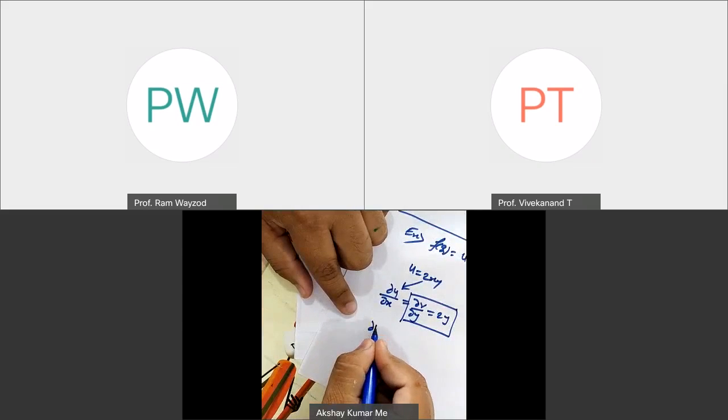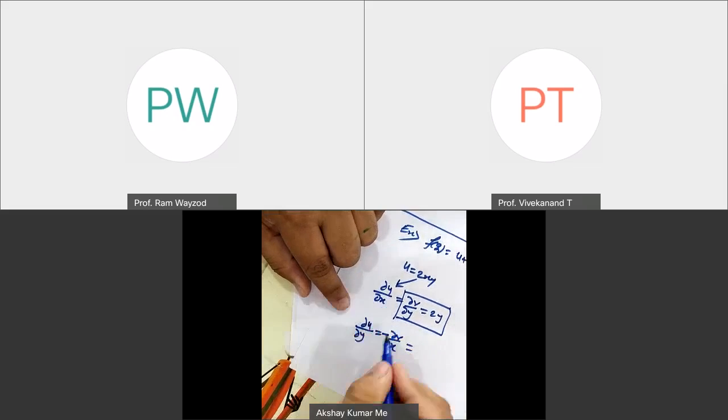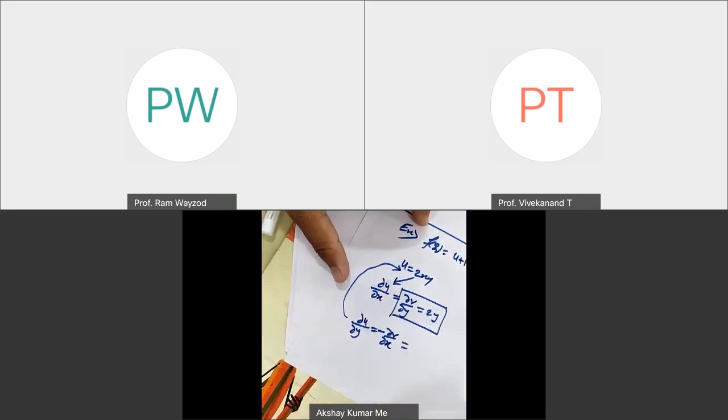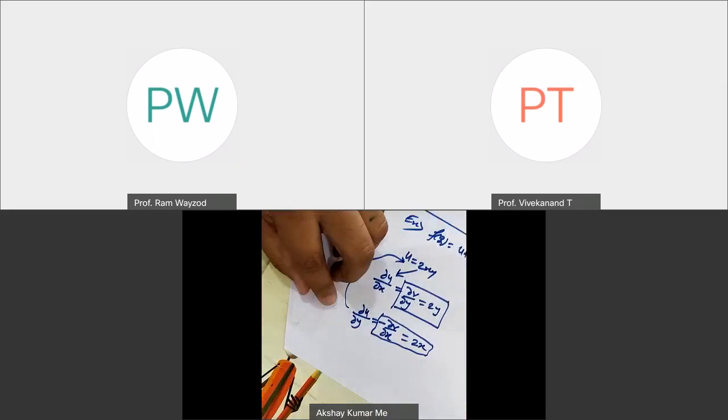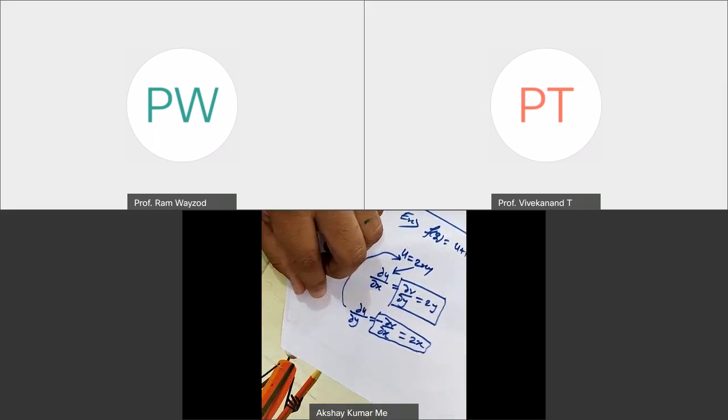Similarly, del u by del y is equal to minus del v by del x. So again, differentiating u with respect to y gives 2x. So we get minus del v by del x is equal to 2x.